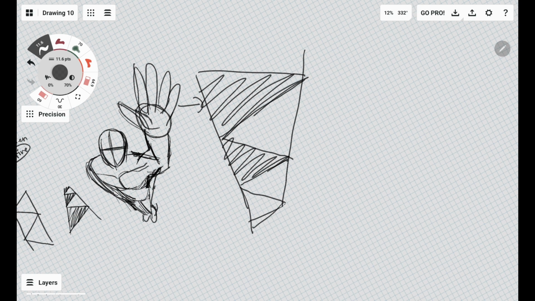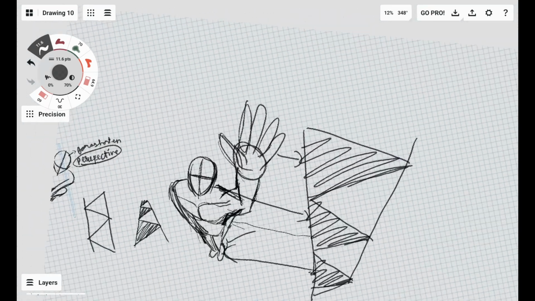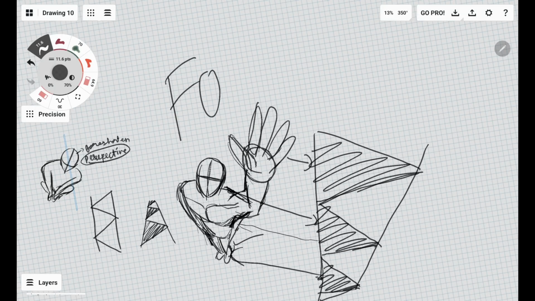Triangle 2 houses his head, that's nearly the same size as his hand. And triangle 3 houses somewhat of a torso and his legs. Triangle 2 and triangle 3 house legs and torso. The legs are bigger than the torso, so this is correct. That's how you can develop your foreshortening intuition. And yeah, that was foreshortening.